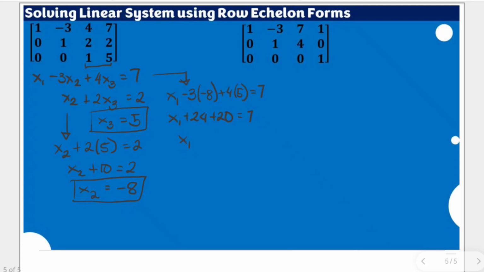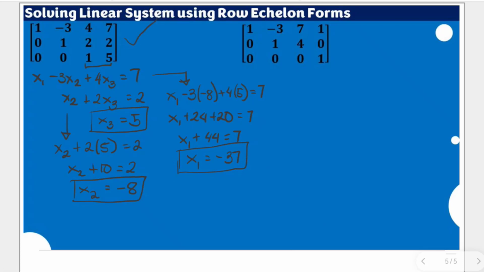Sorry, pardon. So x sub 1 plus 44 is equal to 7. So x sub 1 is negative 37. So these are the results for x sub 1, x sub 2, and x sub 3 given this row echelon form.